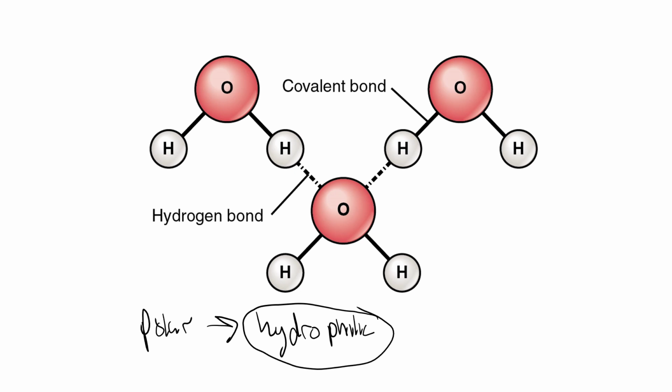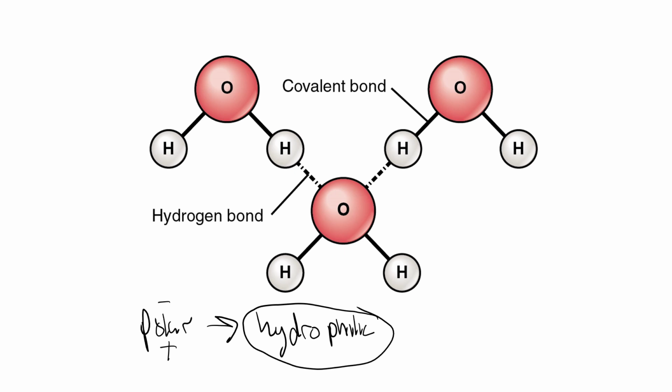Okay, why? Well, if a molecule is polar, we know that it has a negative and a positive side due to an uneven distribution of electrons within the molecule towards one atom. So if we take a molecule that is polar and put it into water, which is also polar, H2O is polar, then that polar molecule, through hydrogen bonding, will be able to bind with and coexist with water molecules.